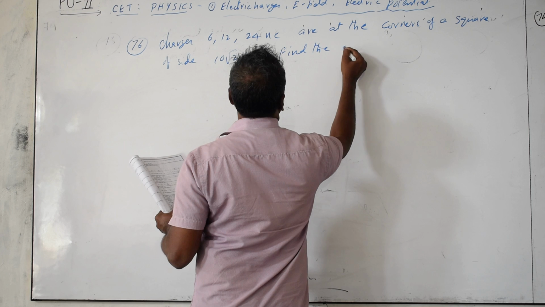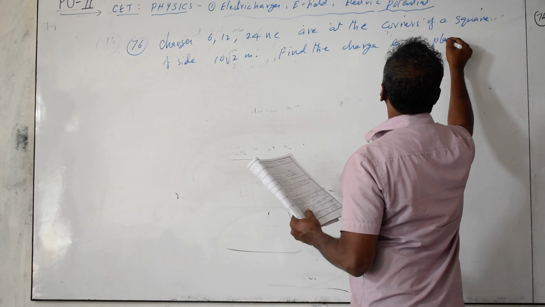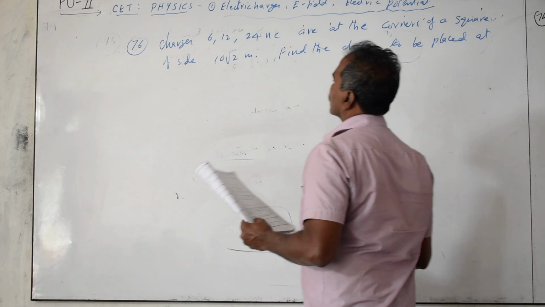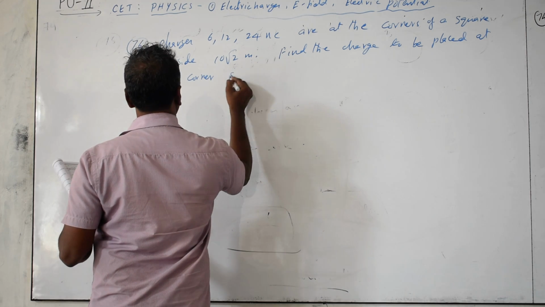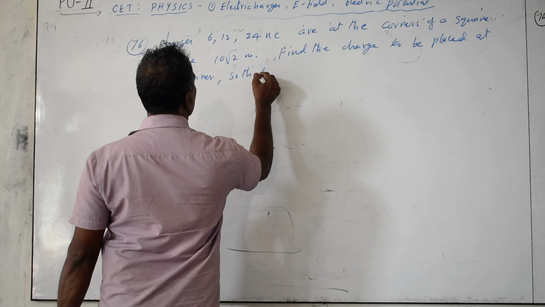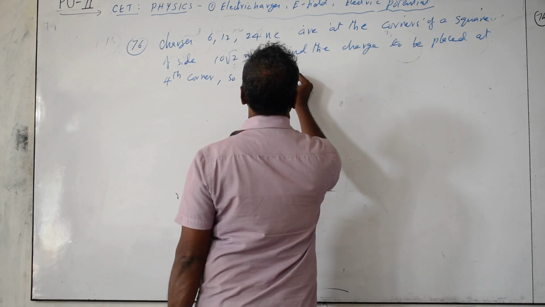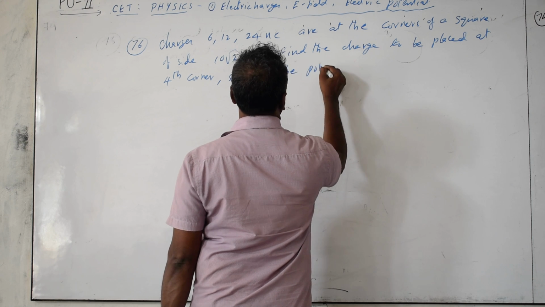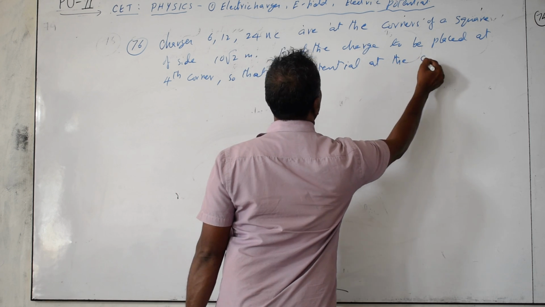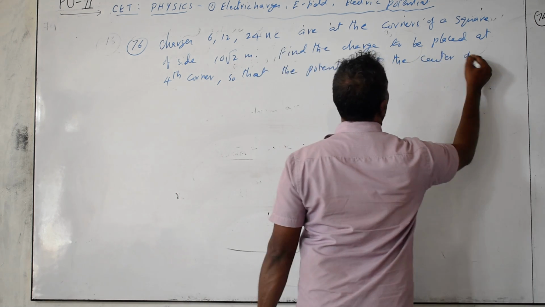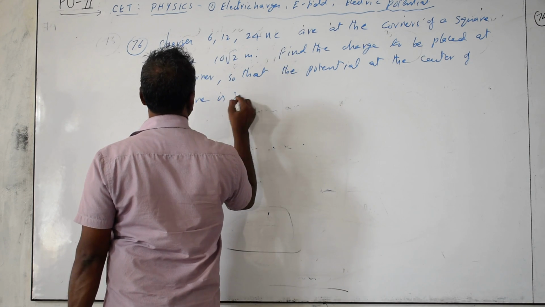Find the charge to be placed at the fourth corner so that the potential at the center of the square is 0.